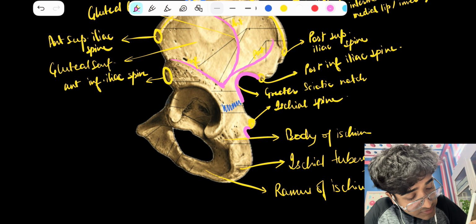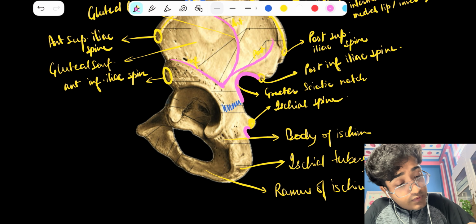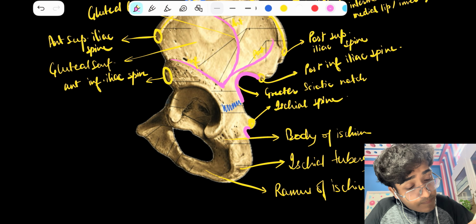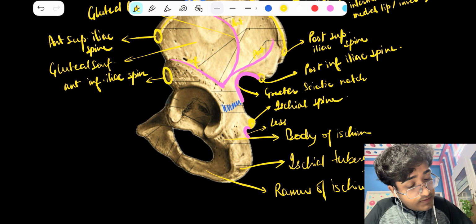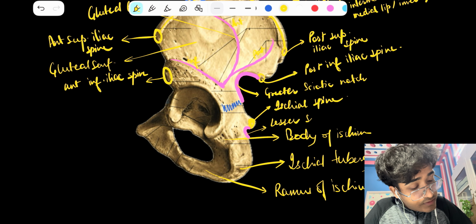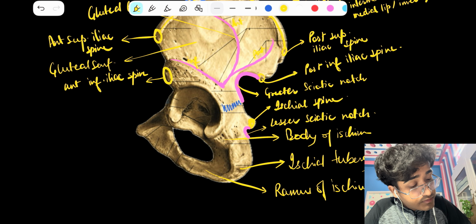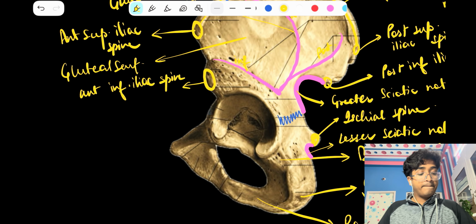Just below the ischial spine there is another notch which is smaller than the greater sciatic notch, and hence it is named the lesser sciatic notch.